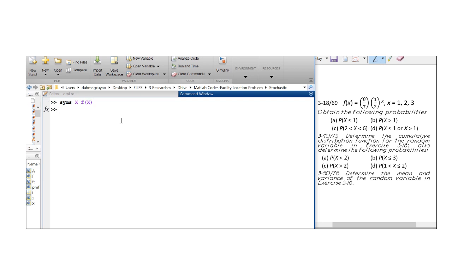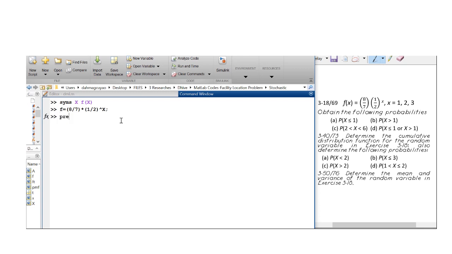So we know that the function f of x is equal to 8 over 7 times 1/2 raised to capital X for the random variable X. I would not be echoing it on screen, so that would be the result.